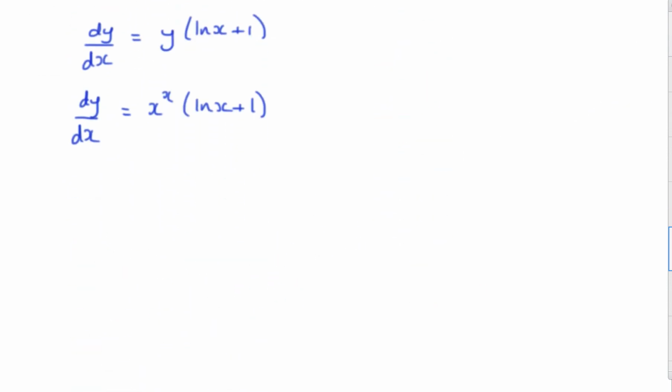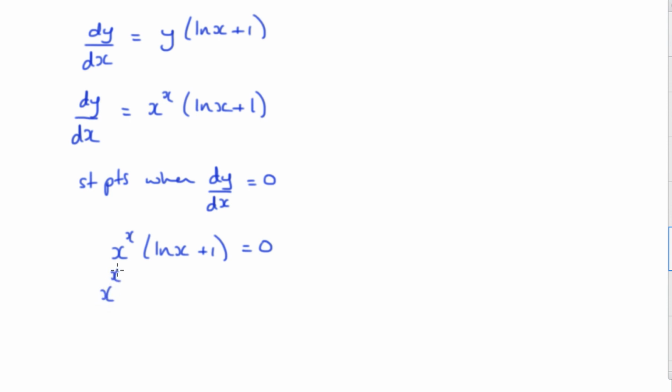So, stationary points. Stationary points occur when dy by dx is equal to 0. So that's when x to the power of x times the natural log of x plus 1 is equal to 0. So that's when x to the power of x is equal to 0, or when the natural log of x plus 1 is equal to 0.